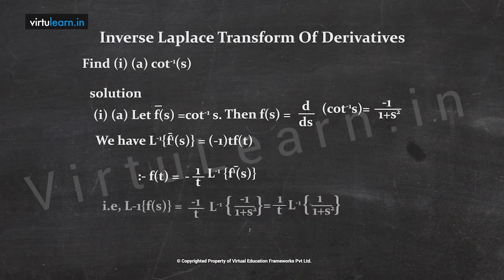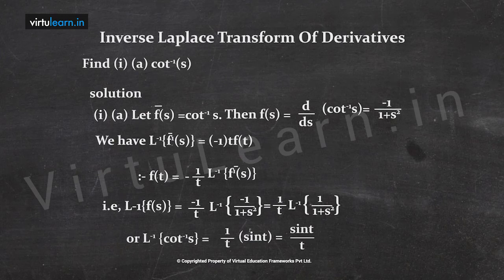Then f of t is minus 1 by t times L inverse of the first derivative of f bar of s, which is minus 1 by (s square plus 1). So it is 1 by t into L inverse of 1 by (1 plus s square). The answer is 1 by t into sin t. So L inverse of cot inverse of s is sin t by t. This is the answer.